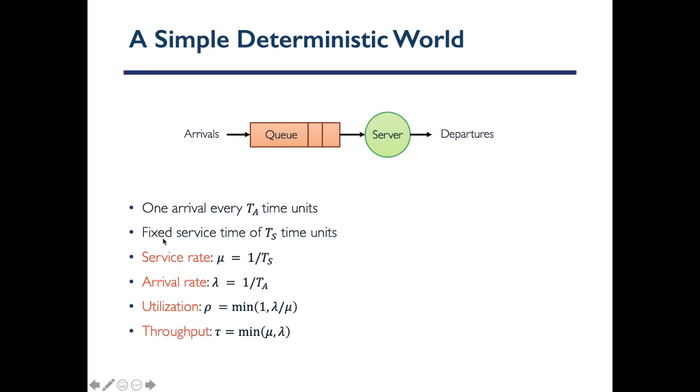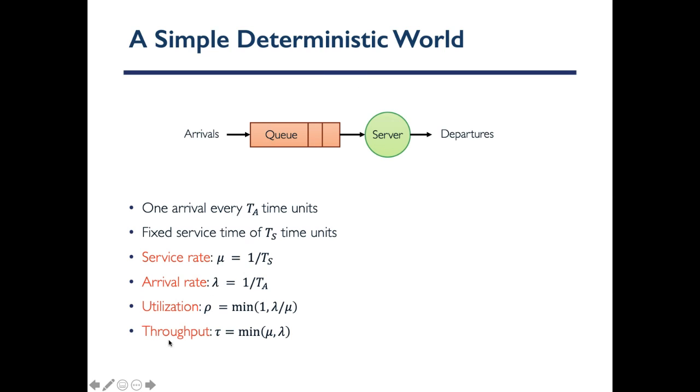This basically means how long, on average, your system, the queue and the server, is working. Every 4 seconds, your server gets to work for 2 seconds, so it's utilized 2 divided by 4. This utilization is not your queue's utilization, it's your entire system's utilization.